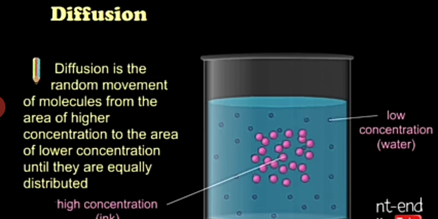You can see in this figure that when the ink was dropped, the concentration of the ink was higher in the center where it was dropped in the starting, but the molecules move from higher concentration to lower concentration in the whole beaker and spread the molecules of ink.